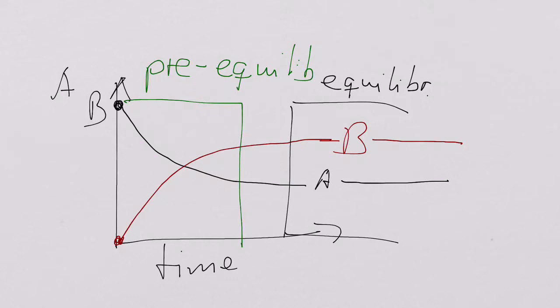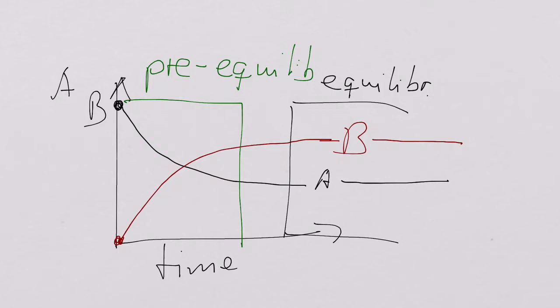If you have life, if you have biochemical pathways in equilibrium, nothing happens. The body is dead.